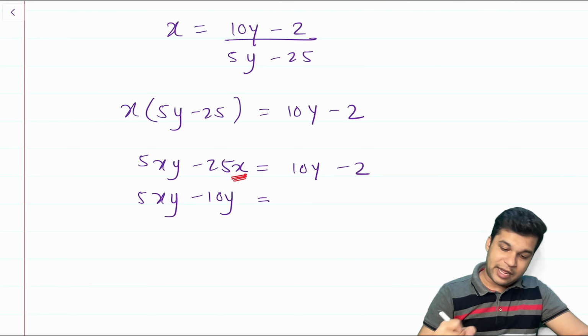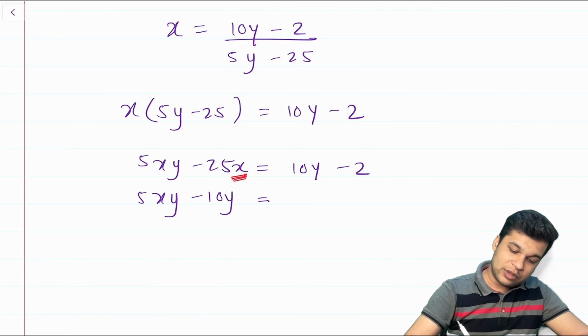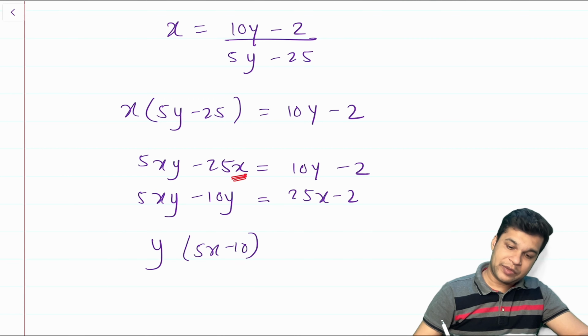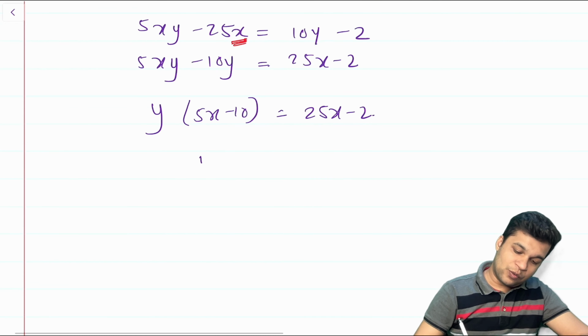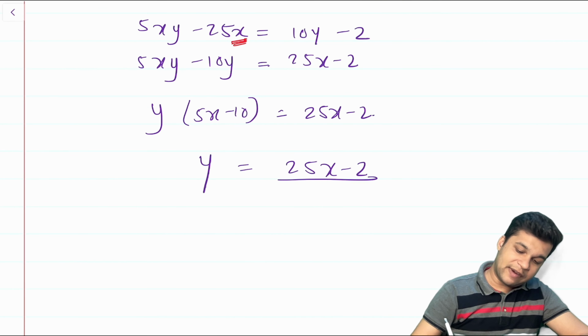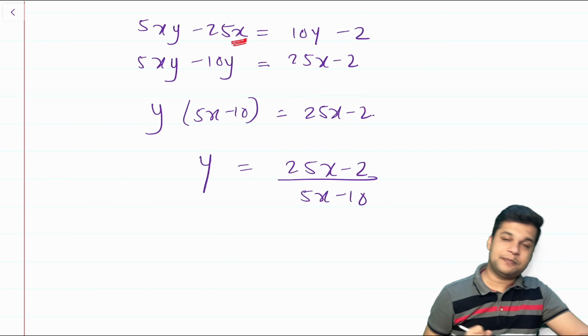Shift this on the other side, so 25x minus 2. If I take y common, I get y times 5x minus 10 equal to 25x minus 2. So y equal to 25x minus 2 divided by 5x minus 10.